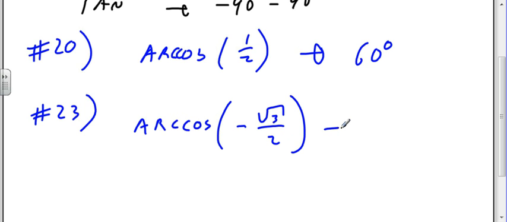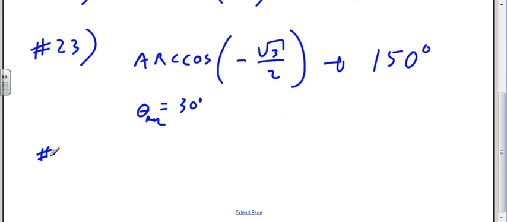Well, we know that that's going to be a reference angle of 30 degrees because the cosine of 30 degrees is square root of 3 over 2. So this is going to be a 30-degree reference angle, but we're looking for a second quadrant answer because we're negative, so 180 minus 30 is 150 degrees. And our calculator could have told us that too.